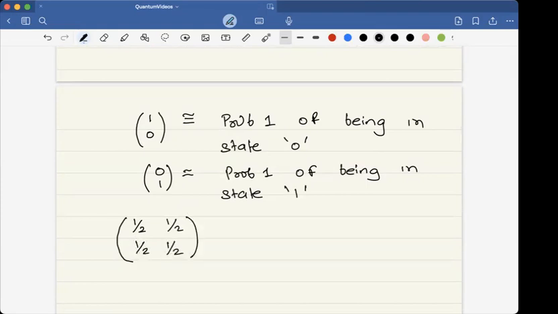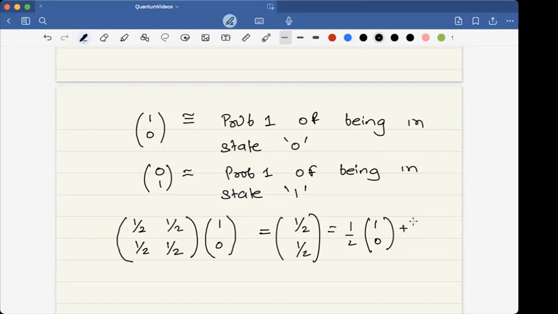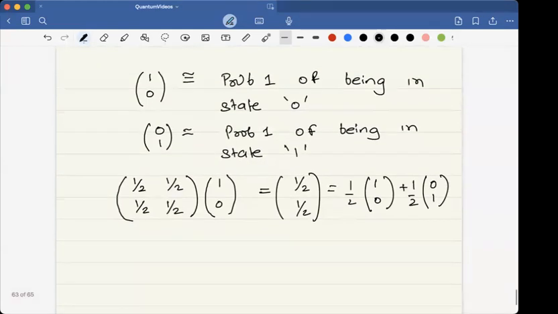Initially, when you are in state 0, this matrix acts on this vector and you get half, half, which is half probability in state 0 plus half probability in state 1. This is the case when there is one beam splitter.